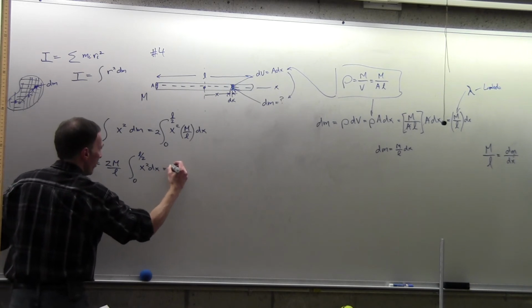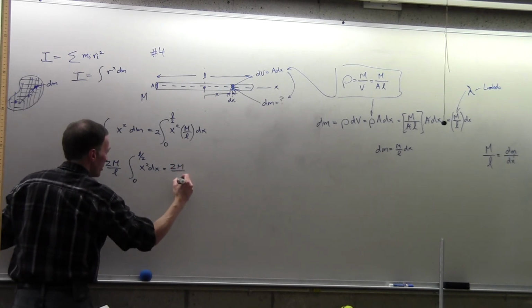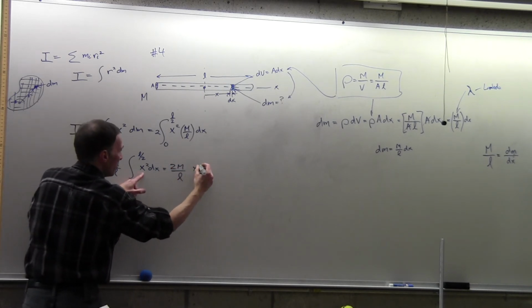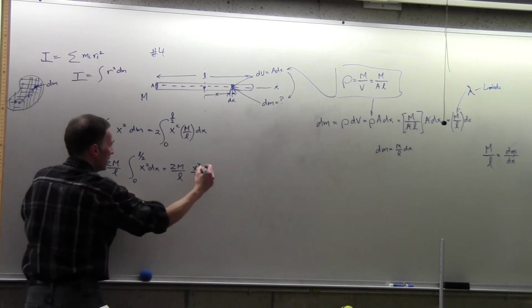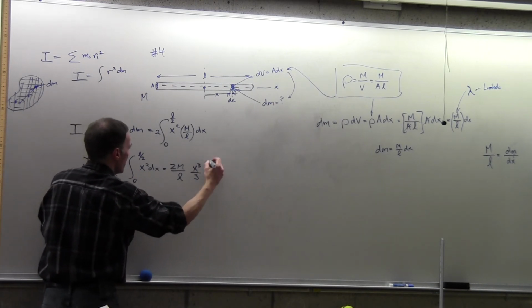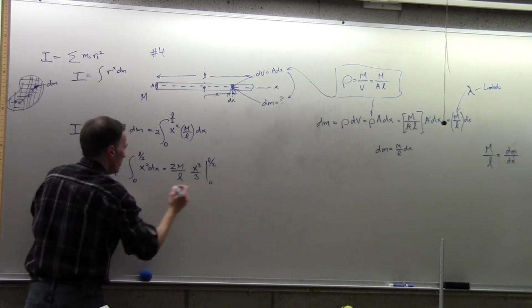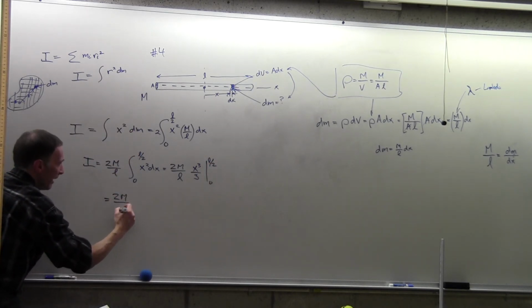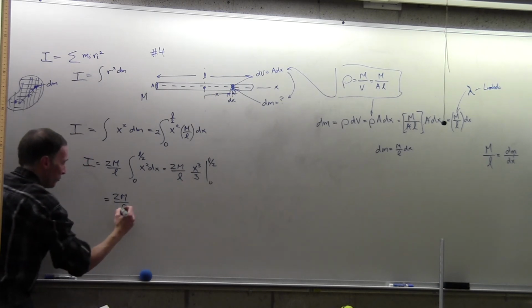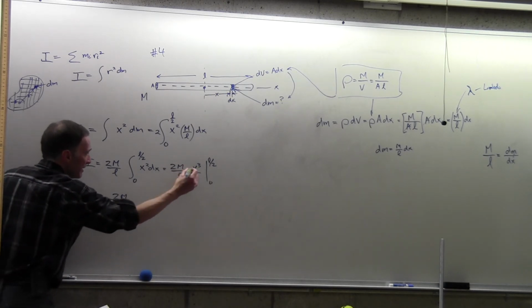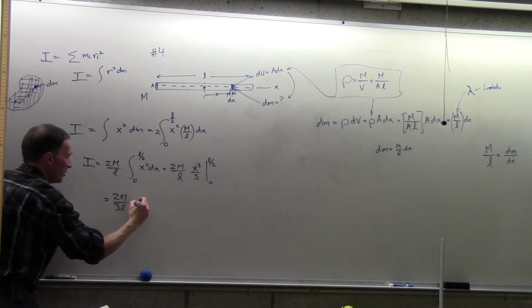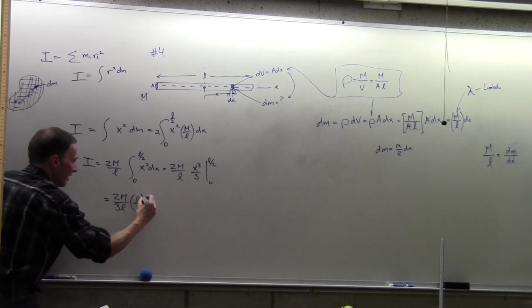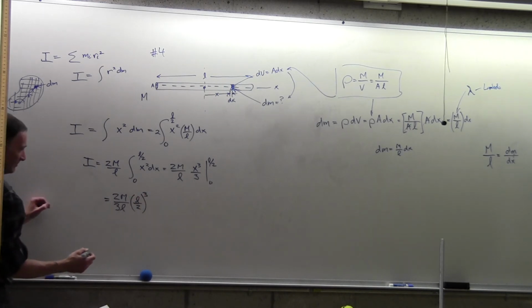Let me do it quick and hopefully not make any mistakes. You'll be watching. This is going to be x cubed over 3, evaluated from 0 to L over 2. I come up with 2m over L, and I've got a 3 here. Then this is going to be x cubed, which is L over 2, and we're going to cube that.